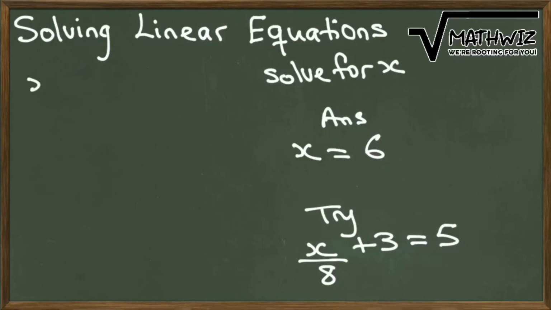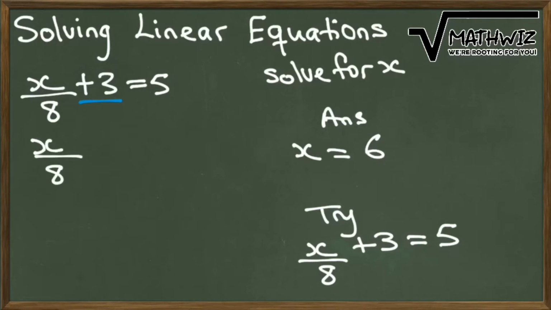And so we have x over 8 plus 3 is equal to 5. So the plus 3, we will take it across and it will become minus 3. So we have x over 8.